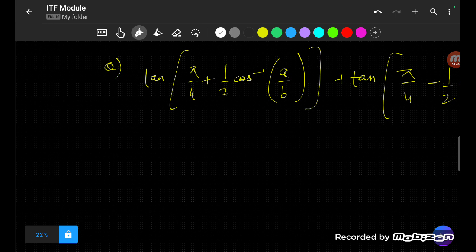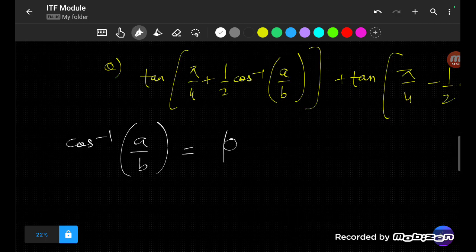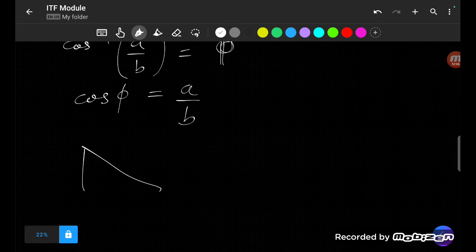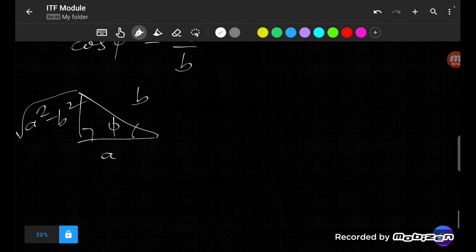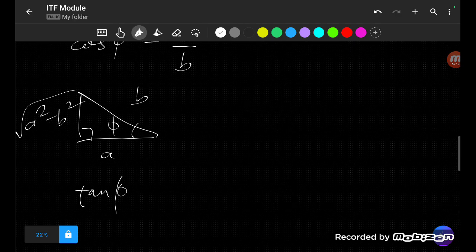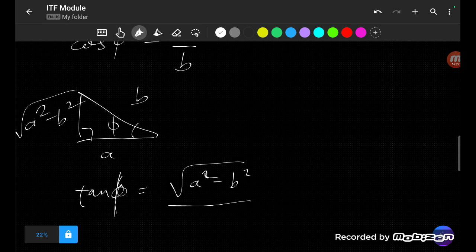Alright, so we look at this question here. We take cos inverse a by b as x, or phi. Cos phi is a by b, so adjacent over hypotenuse. Tan phi is opposite upon adjacent.